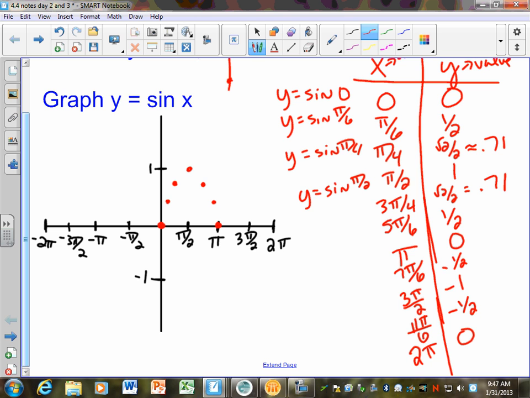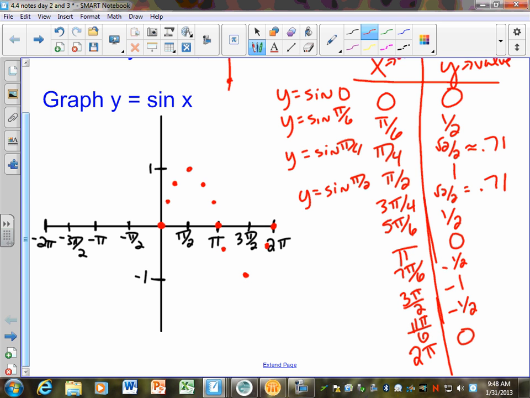At 3 pi halves, I'm down here at -1. 7 pi sixths would be like -1/2, so that would be somewhere around right there. 11 pi sixths would be over here close to 2 pi, also at -1/2. And at 2 pi, I go back to 0.